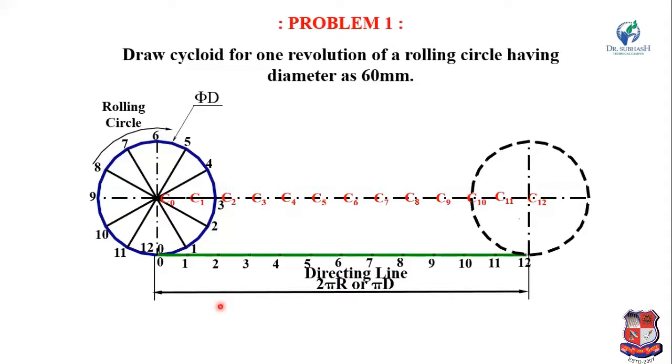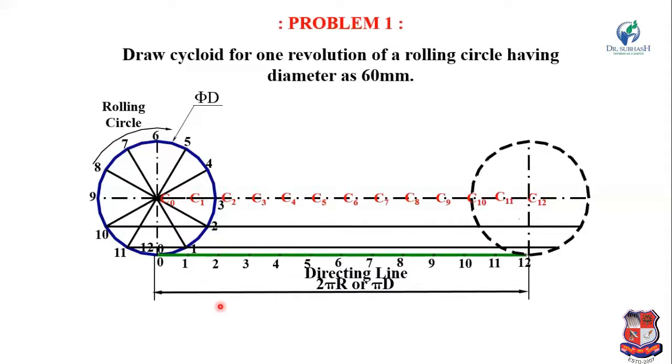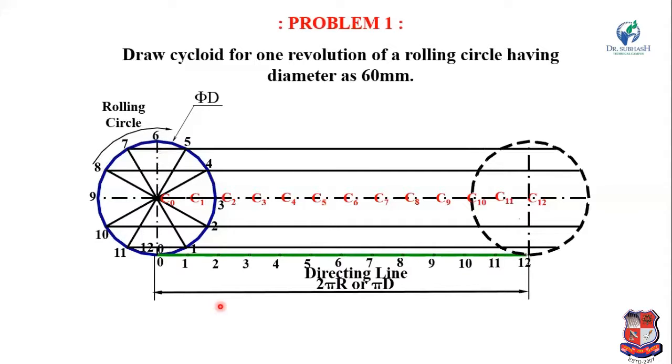Now the next step is to draw lines parallel to the directing line passing through the different points of the circle. So from 1 and 11, from 2 and 10, 3 and 9 already drawn, 4 and 8, 5 and 7, and 6.